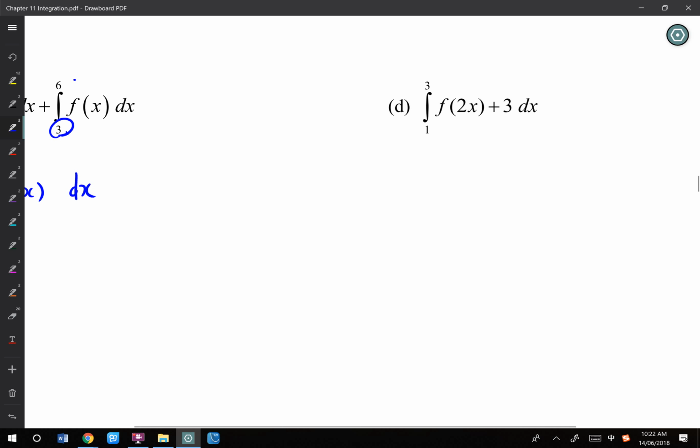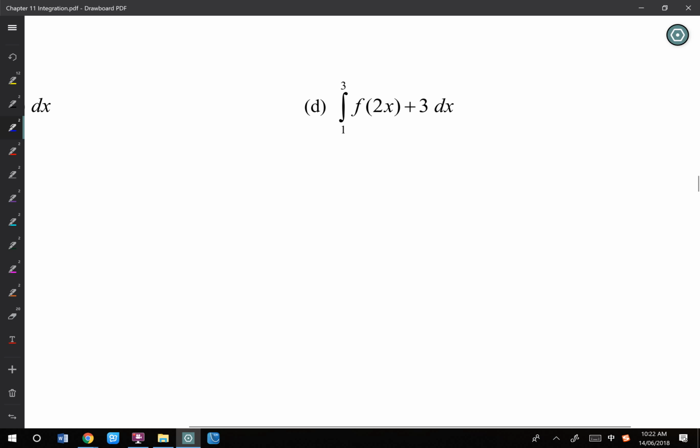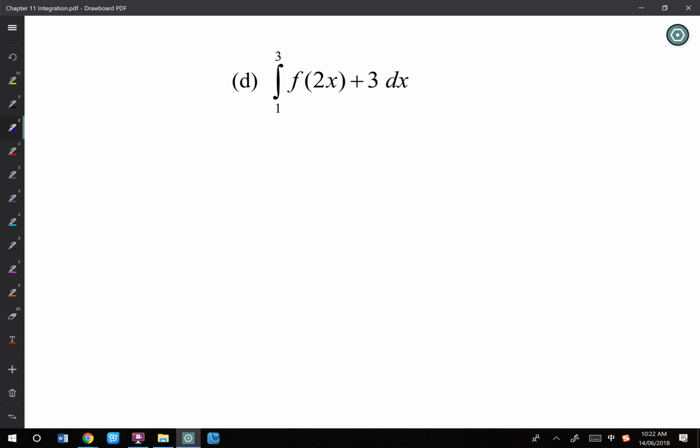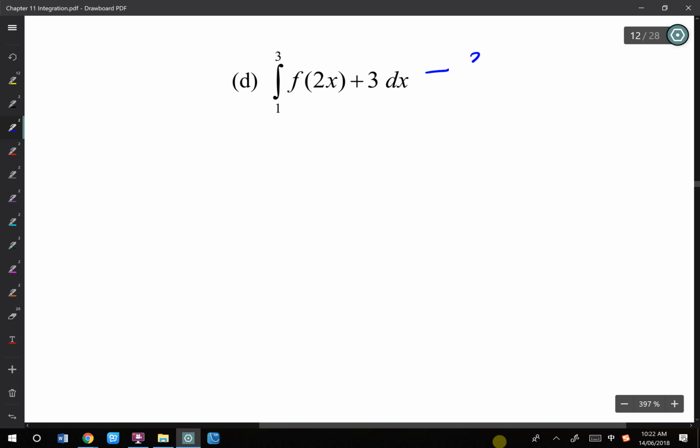But let's have a look at D. Everyone needs to listen carefully for D. Well, this actually happened in the VCE exam one year, multiple choice. I can't remember what the exact paper was.